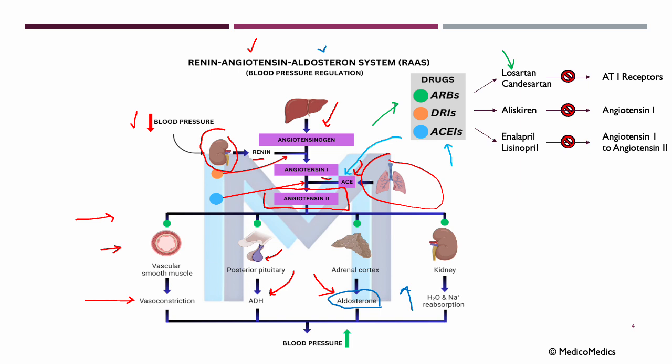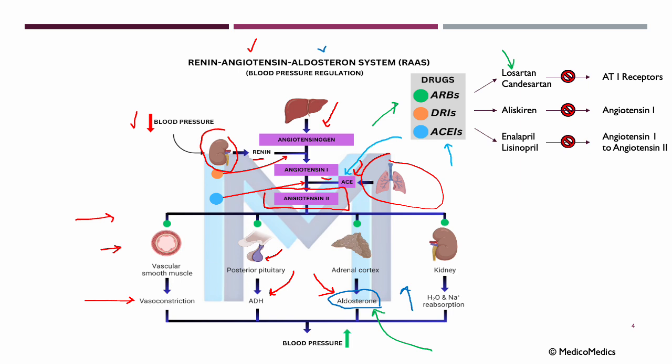We also have other medications like aldosterone antagonists, like spironolactone, for example, and these block aldosterone receptors in the kidney. So we can see now the use of these medications in the treatment of hypertension, for example, heart failure, or chronic kidney disease.